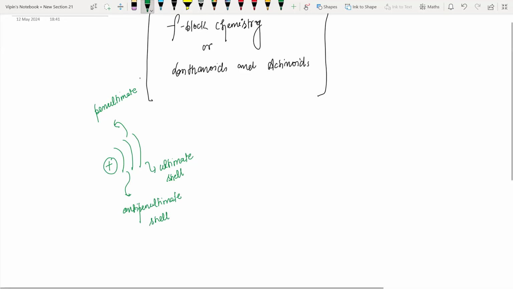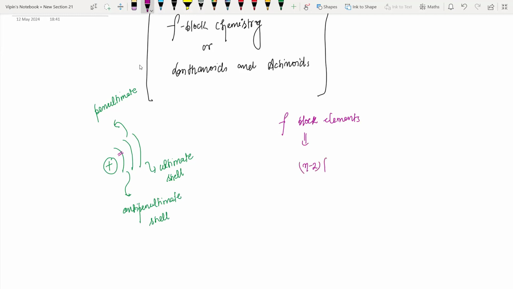So if in any system, an electron is going to fill in this anti-penultimate shell, for example, for f block elements, the filling of electrons goes like this: (n minus 2)f 1 to 14, (n minus 1)d 0 to 1, and ns2, right?